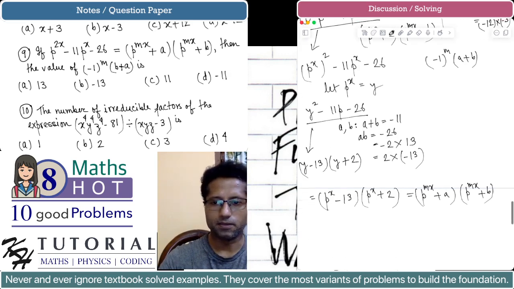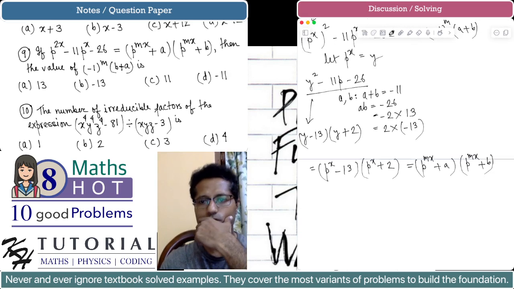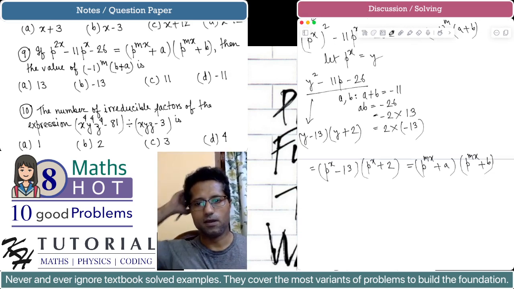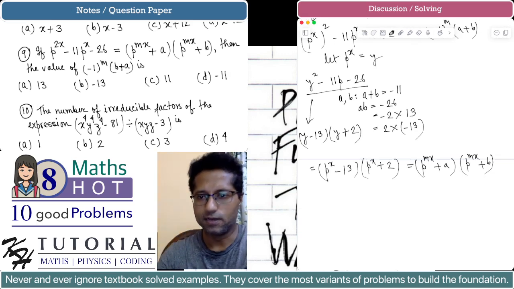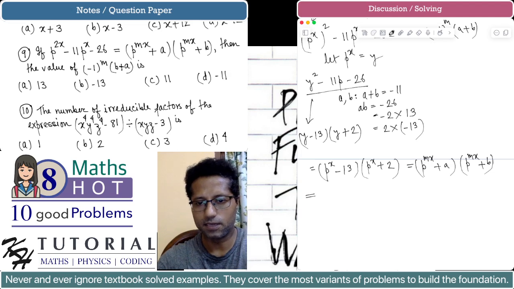Now if you compare the two factors on the LHS and RHS, we can clearly say that m has to be equal to 1, because on the left hand side we have p to the power x.